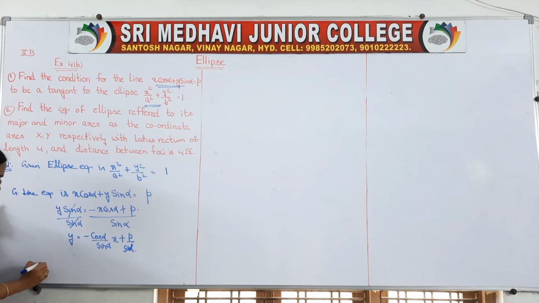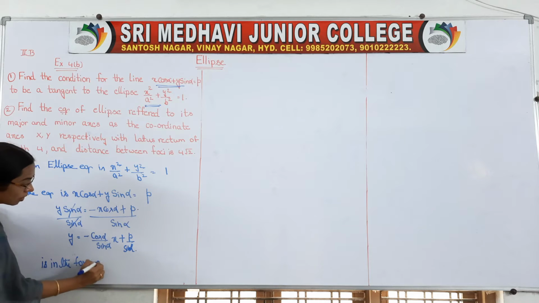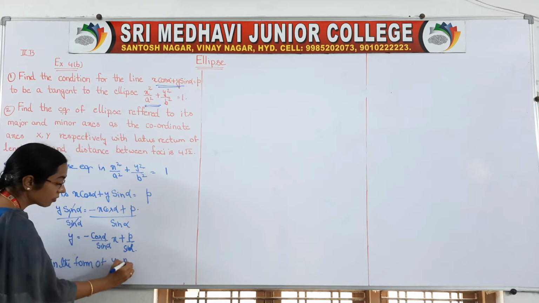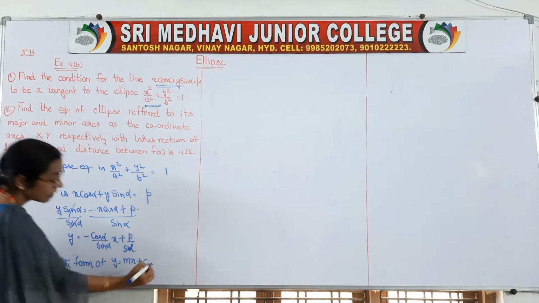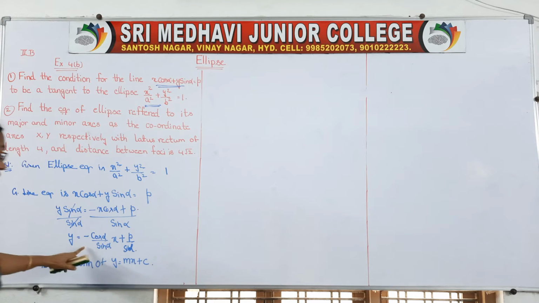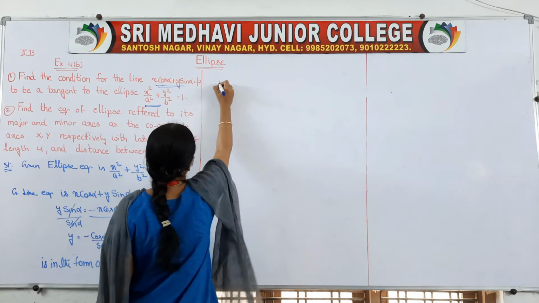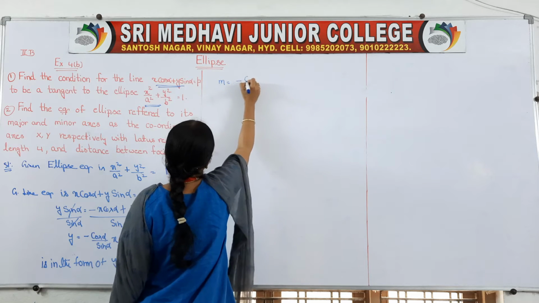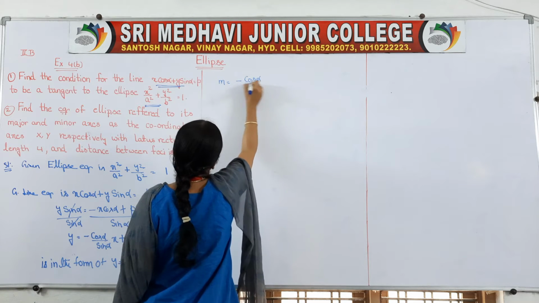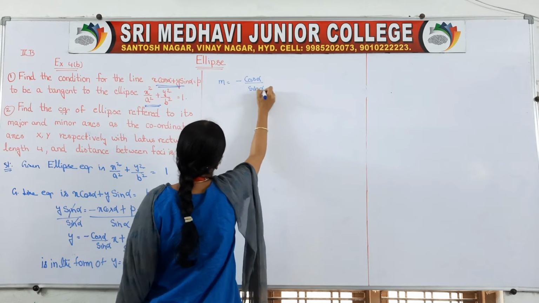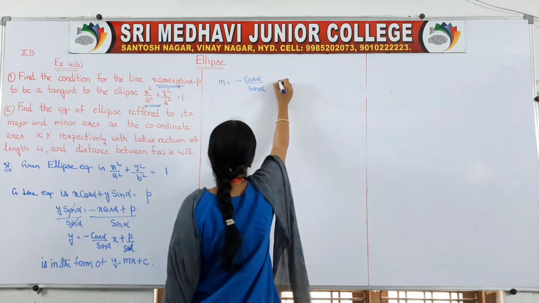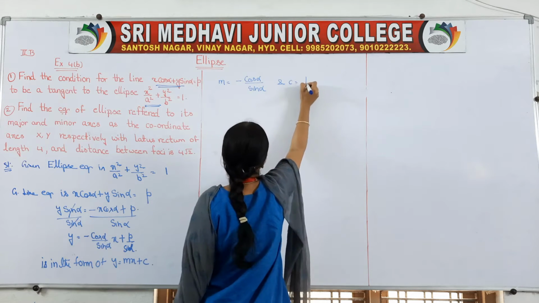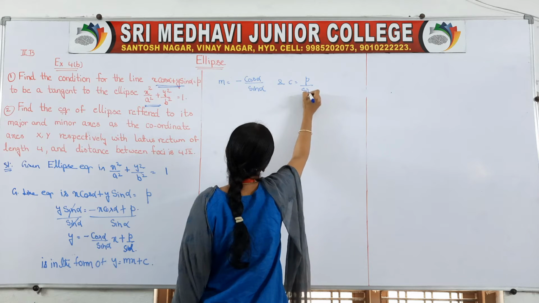So it is in the form of y is equal to mx plus c. Okay. So where m is equal to minus cos alpha by sin alpha, and c is equal to p by sin alpha.